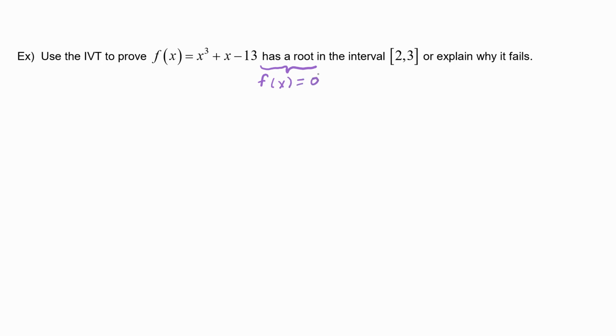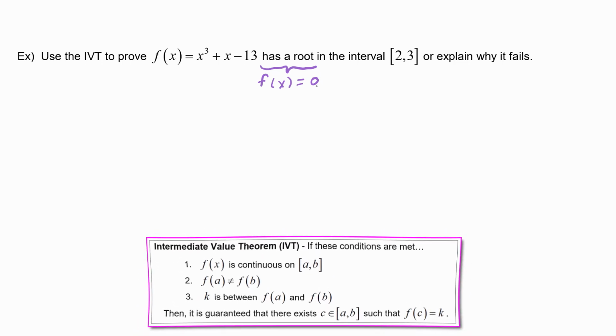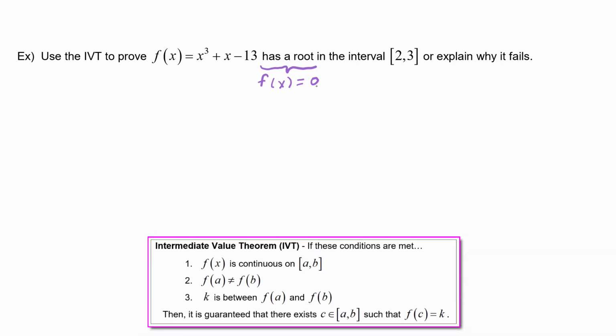So the y value that we are looking for is 0. So in the context of the intermediate value theorem, this is our value of k. So now what we have to do is walk through the 3 steps.